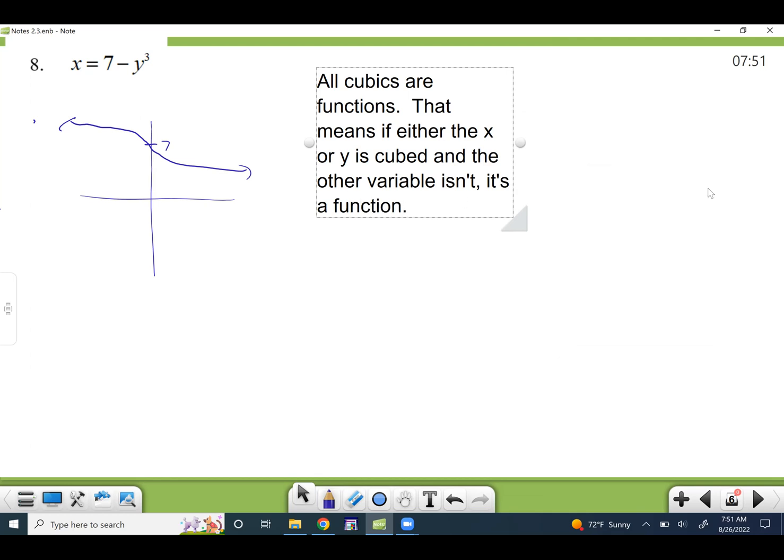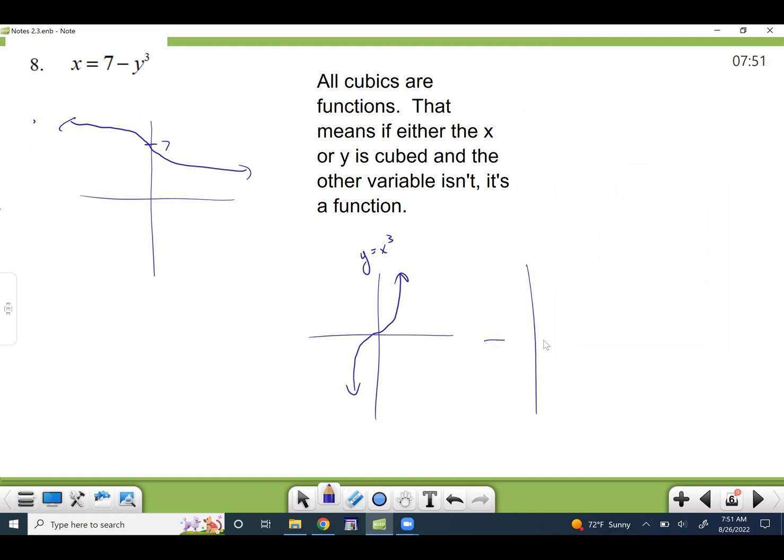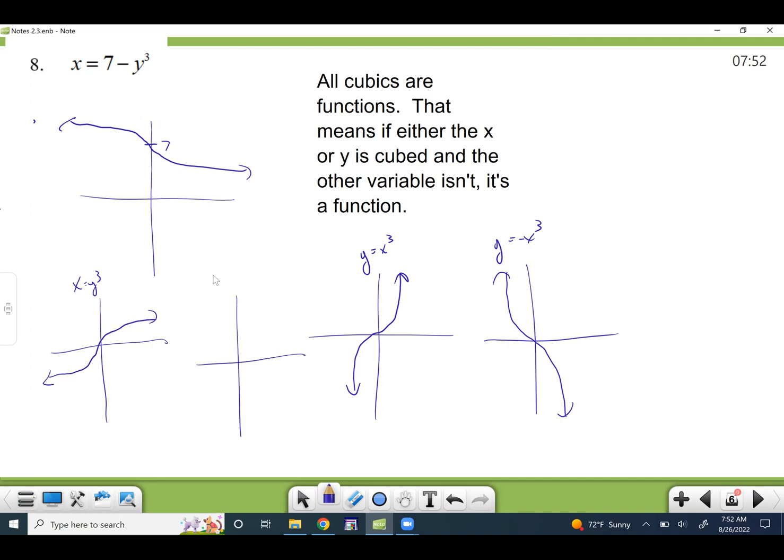All of these cubics have this kind of shape. I'll just write all the different types, right? So this is going to be the x being cubed. And if that ends up being negative, it just kind of flips it this way, but it's still like that. And then if you have the y being cubed, it just flips it on its side, you guys, like so. It's the same shape, but sideways. And then if it's negative, again, we'll go like this. And that's our particular case, okay?